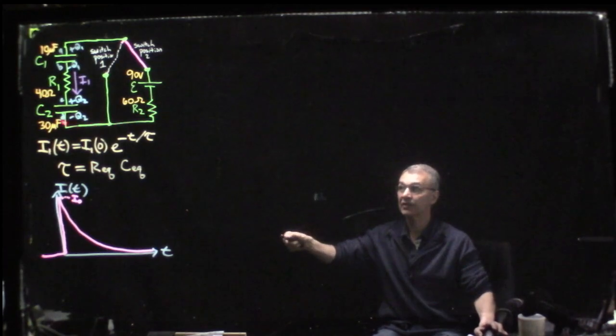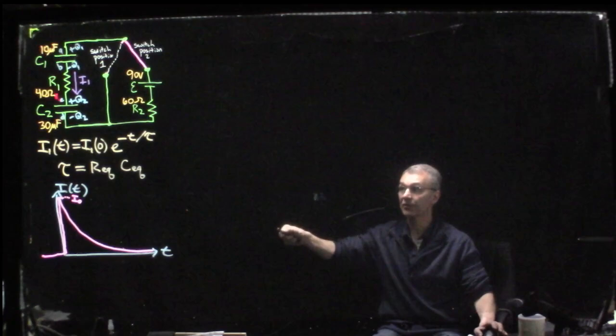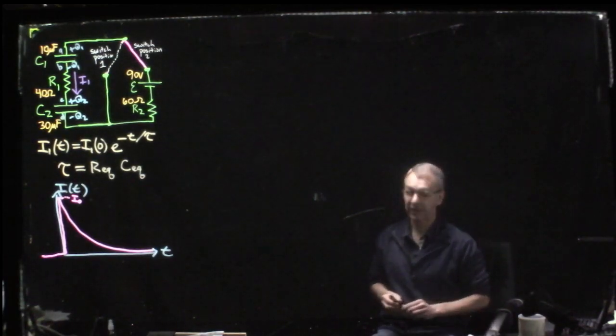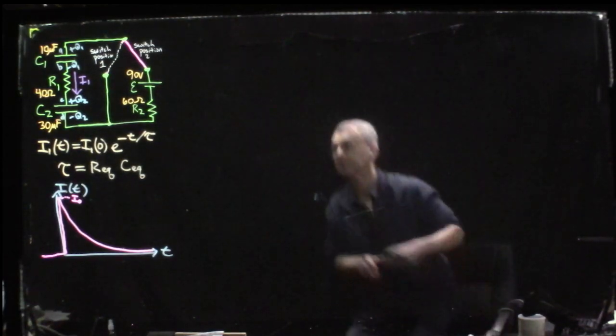In this case, R1 and R2 are in series, so the equivalent resistance will be R1 plus R2, and C1 and C2 are in series, so the equivalent capacitance will be the series combination of those two capacitors. So let's work that out.